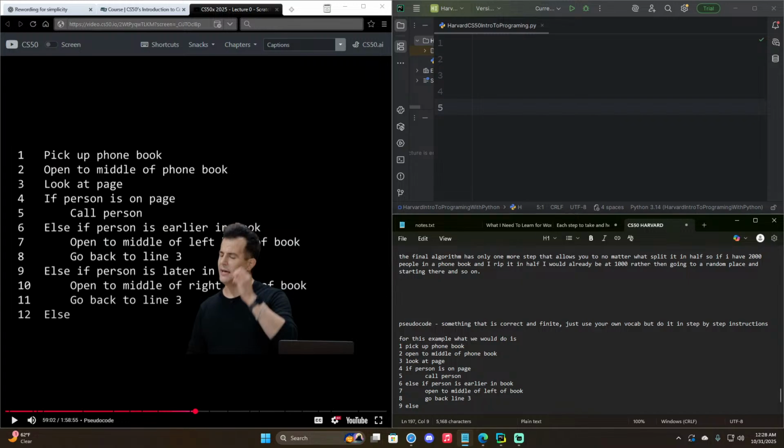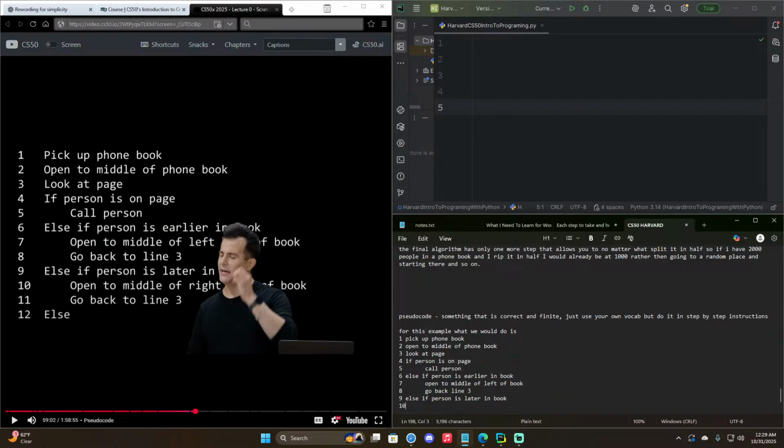Else if person is later in book, open to the middle of right half of the book.